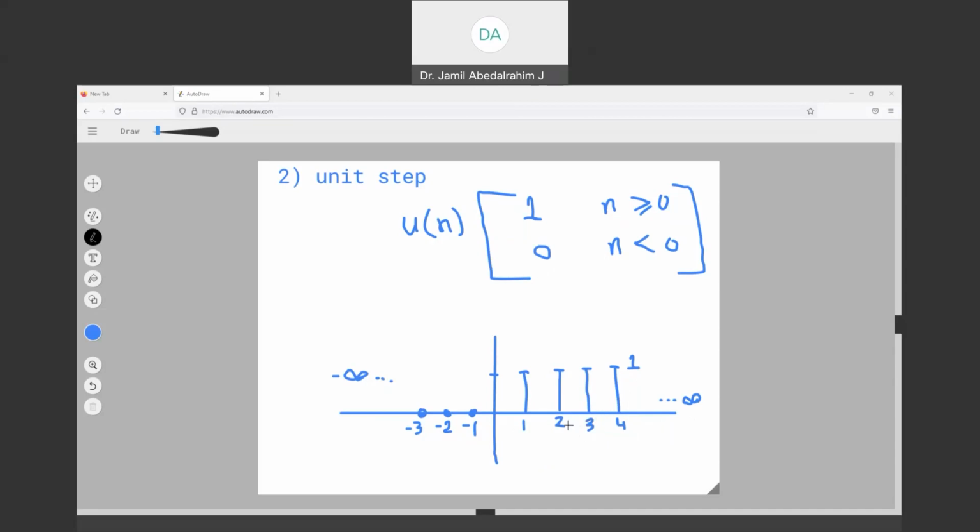And the value of signal is 0 when n is less than 0. So in the negative part, at -1, -2, -3 till minus infinity, the amplitude is 0. There is no signal.